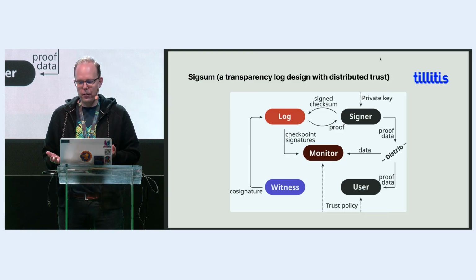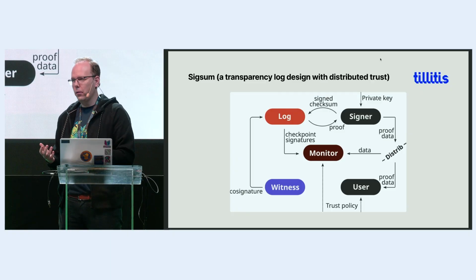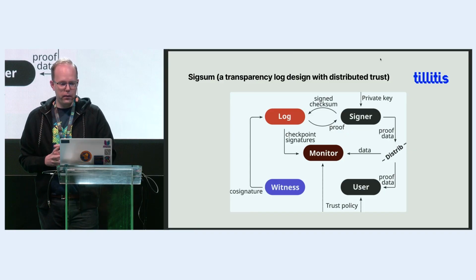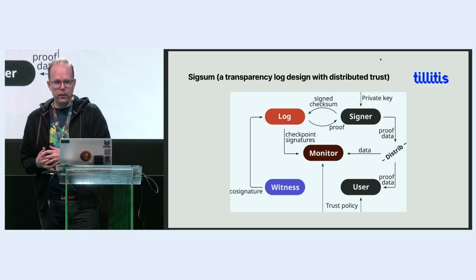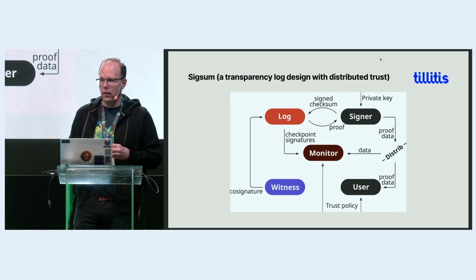In a transparency log context, we have a few actors. In a transparency log with distributed trust assumptions, we have additional actors or components. There's the log, of course. Without the transparency log, you have the signer and the user, right? And so you get signatures that give you authenticity.